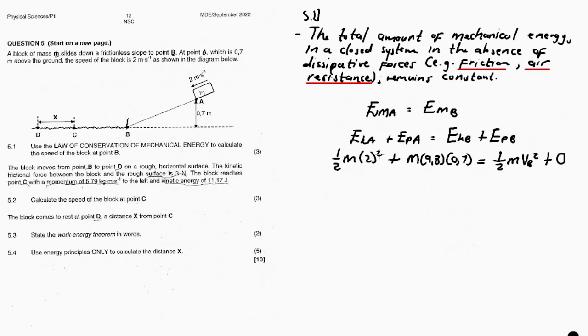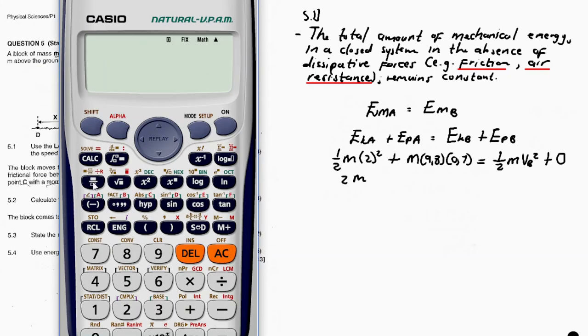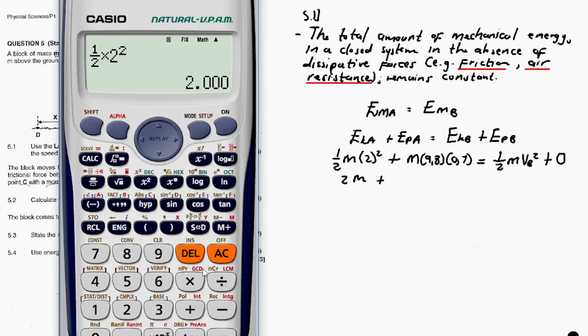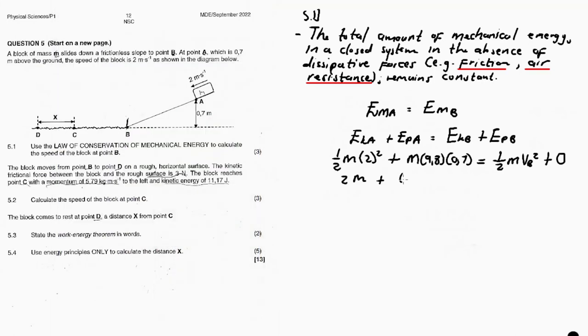Therefore, 2 squared is 4, times a half is 2m. So half times 2 squared is equal to 2, plus 9.8 times 0.7, which is 6.86, all times m. The m is the mass of the block.